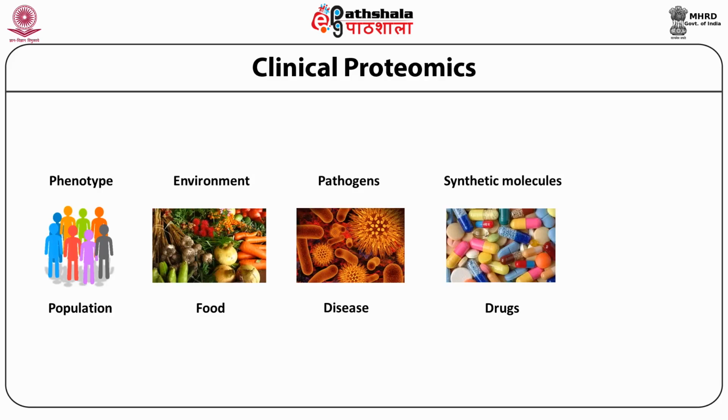Now, the question that we are asking is, when we have such a wide variety of population across the globe who are exposed to different types of environmental conditions, it gives about different combinations of probability of how the body responds.